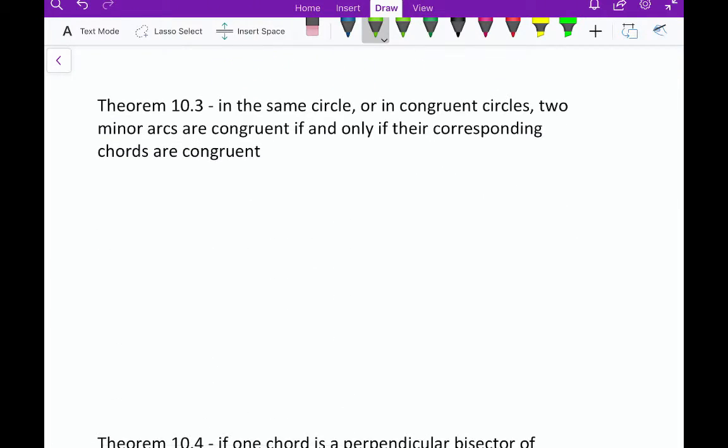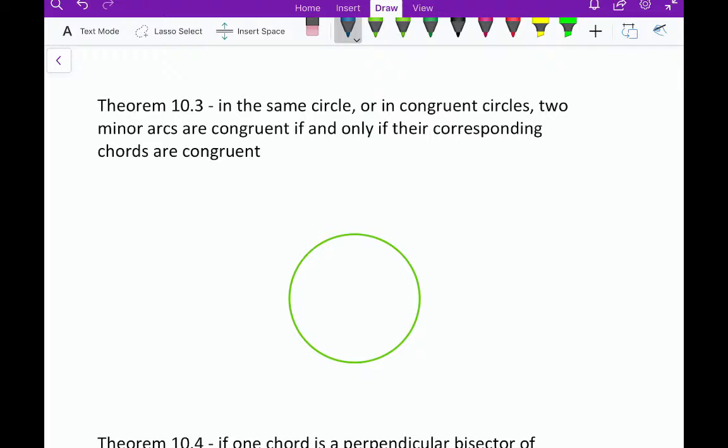So this first theorem says that in the same circle or in congruent circles, two minor arcs are congruent if and only if their corresponding chords are congruent. So what does this mean? Remember, a minor arc is an arc that is less than 180 degrees.